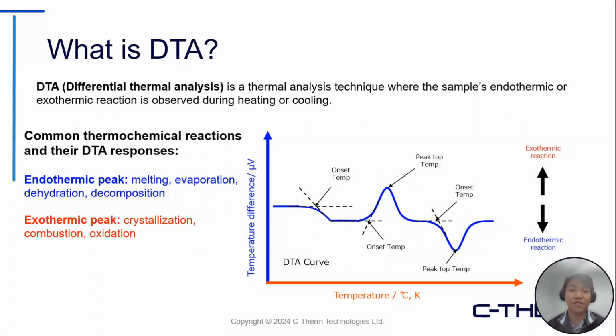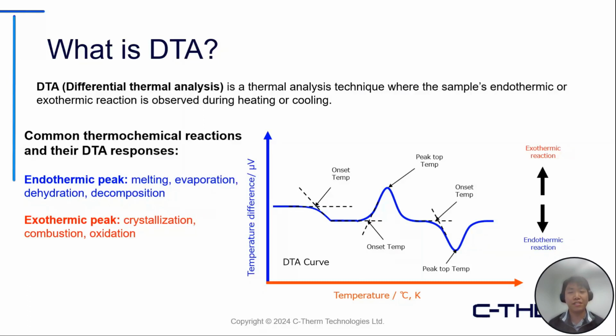DTA stands for differential thermoanalysis, and it observes the sample's endothermic or exothermic reactions that might have occurred throughout the measurement. Chemical reactions usually accompany some change in energy. Some absorb energy, going through endothermic reactions such as melting or evaporating, or some of them release energy as they go through the reaction, which results in crystallization or something like combustion.